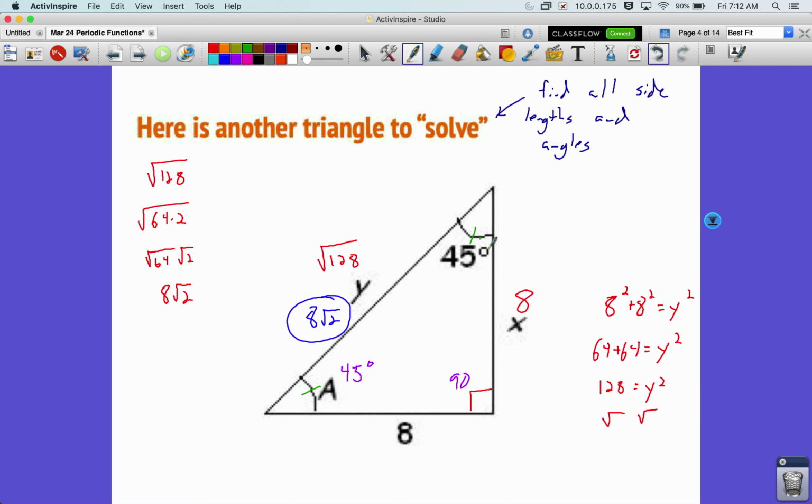Now I can draw little angle matching markers there, and these two sides have to match. Once I had the matching sides, I had enough information to do the Pythagorean theorem. And then the only tricky part was simplifying this radical over here, the square root of 128. You can split that 128 into a 64 and 2, and then that's 8 root 2 for the side length here. And since we had a unit on radicals, we better be simplifying our radicals.